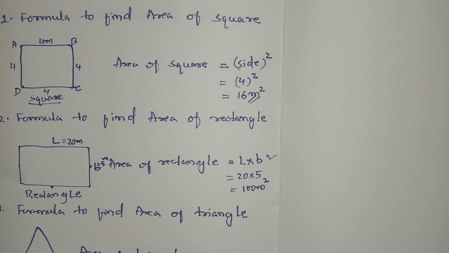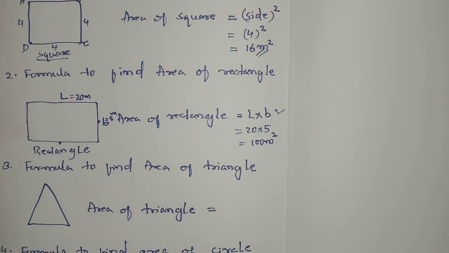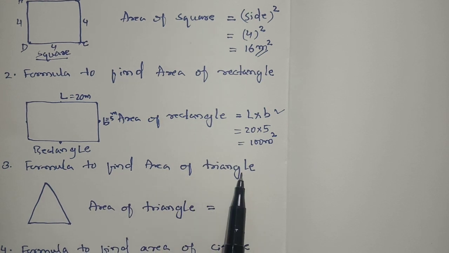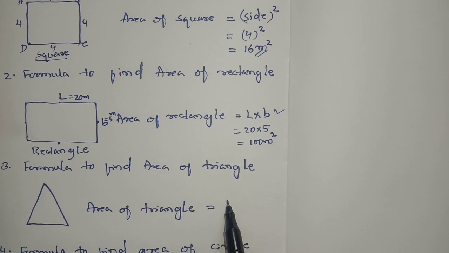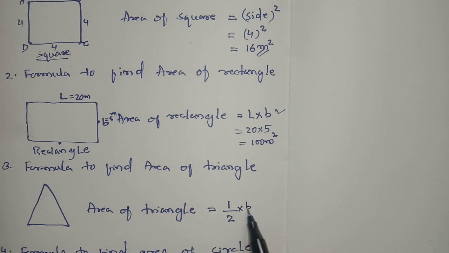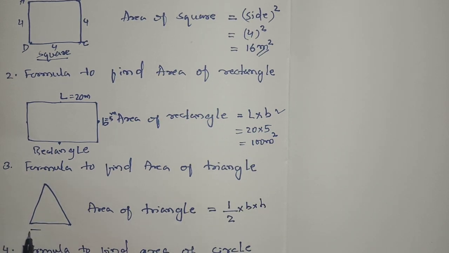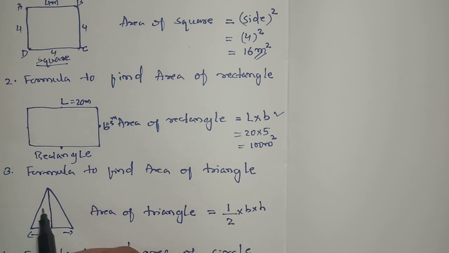Now let's move to the area of triangle. Let's see how to find the area of triangle and what is the formula to find the area of triangle. The formula is half into base into height. This is called base, student. This is base and this is called height.